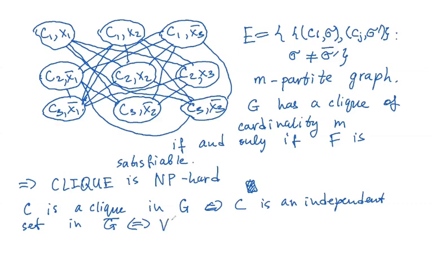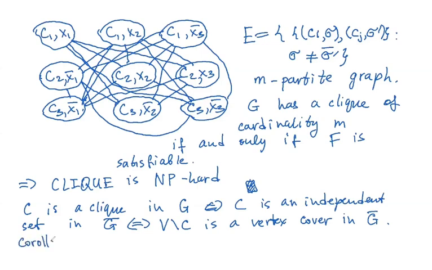So V minus C is a vertex cover in the complement graph. These relationships give you straightforward reductions from the clique problem to the independent set problem and the vertex cover problem.